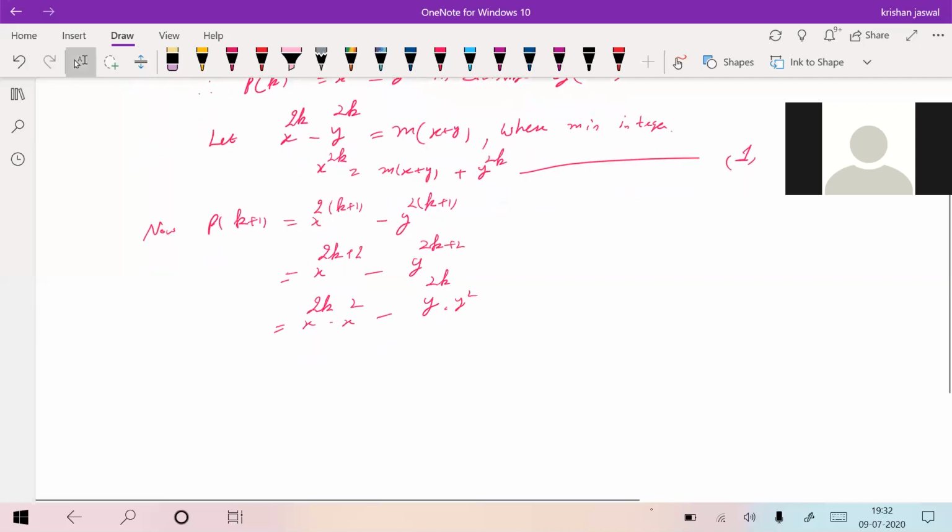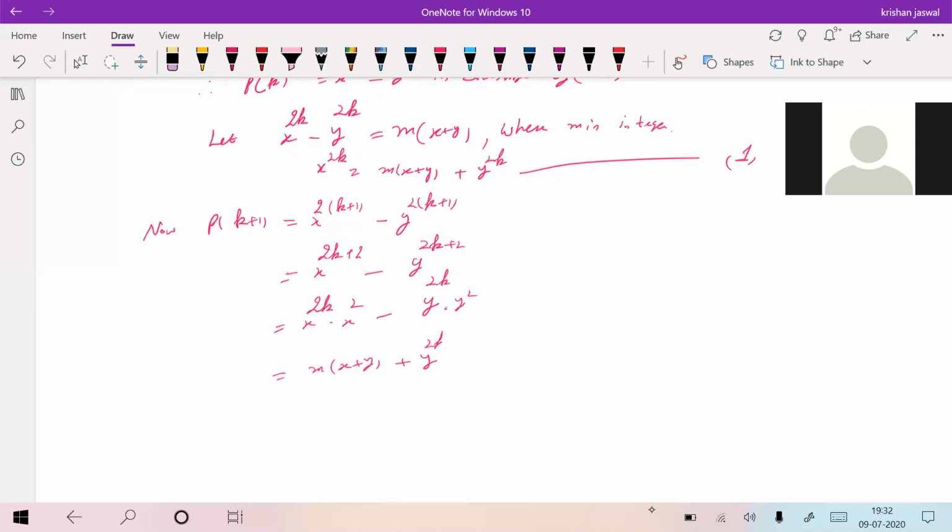Put the value of x power 2k from equation 1: x power 2k is equal to m into x plus y plus y power 2k, multiplied by x square, minus y power 2k into y square.